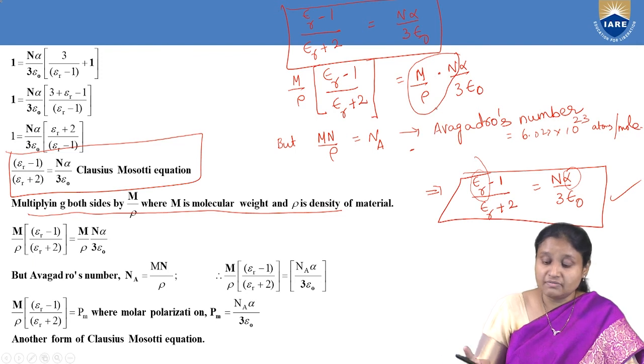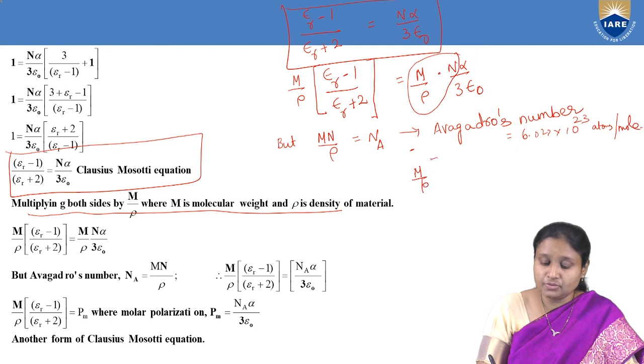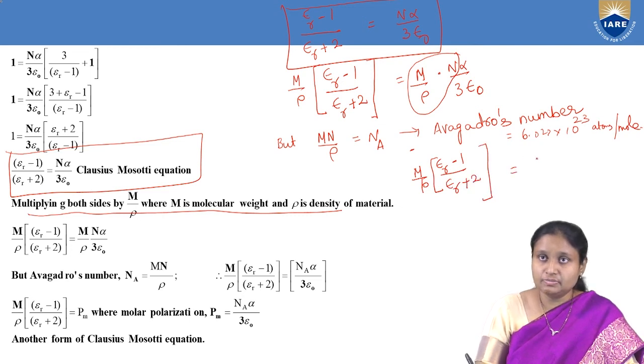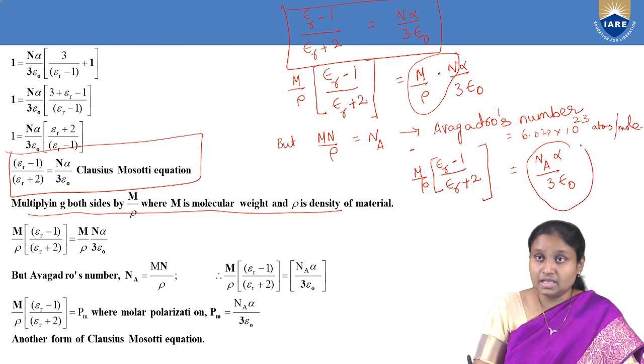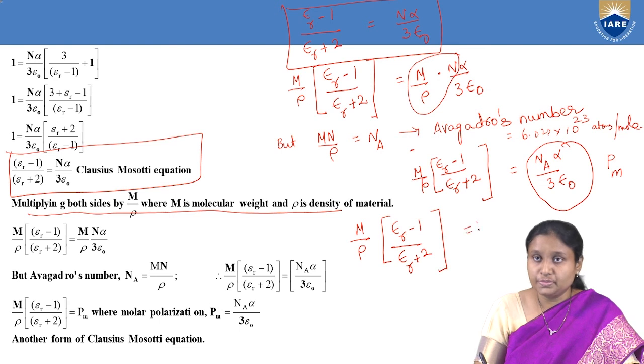If I substitute this Avogadro's number in our expression, on the left hand side we have m by rho into epsilon r minus 1 by epsilon r plus 2, and the right hand side becomes Na alpha by 3 epsilon naught. Now this whole expression I'll replace with Pm. So m by rho into epsilon r minus 1 by epsilon r plus 2 is equal to Pm.